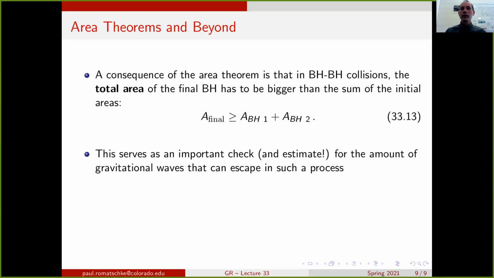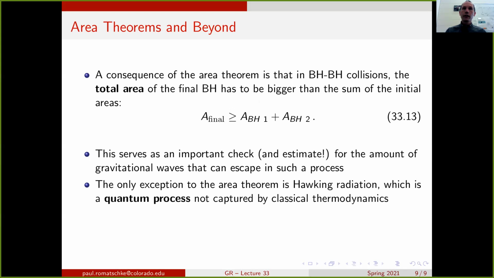And because energy is conserved in the whole process, this also puts a limit on the amount of entropy or energy that can escape, for instance, in the black hole merger process. And as such, it limits the amount of gravitational waves that can be emitted in such a process. In some cases, if we, for instance, assume that this is an equality, you can even put estimates on the amount of gravitational waves that can be produced in such a process.